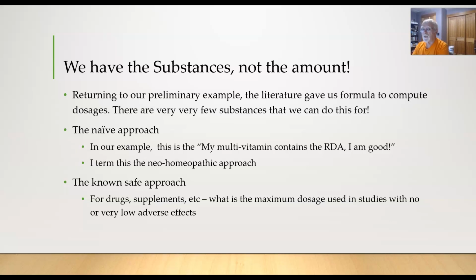The problem is dosage. Dosage becomes a significant pain. For known safe approaches, for some drug supplements, we are able to get dosages, and we can often find the maximum dosage used in studies with no or very low adverse effect.